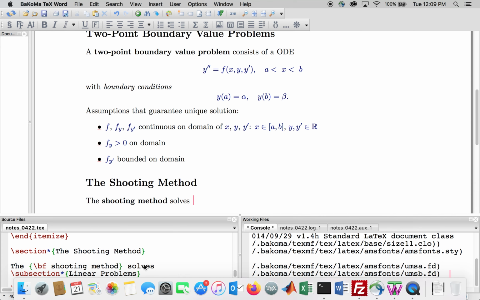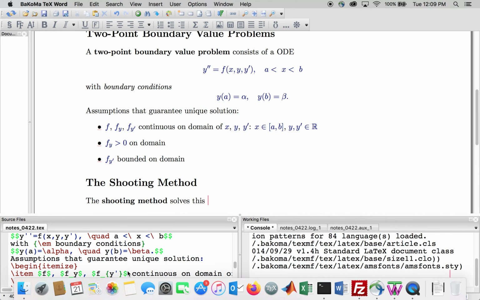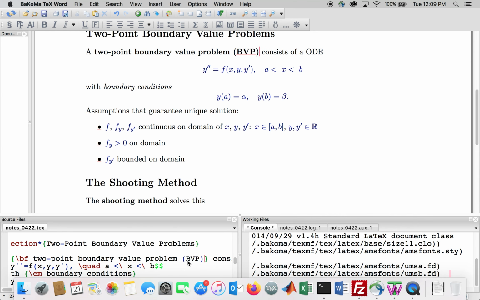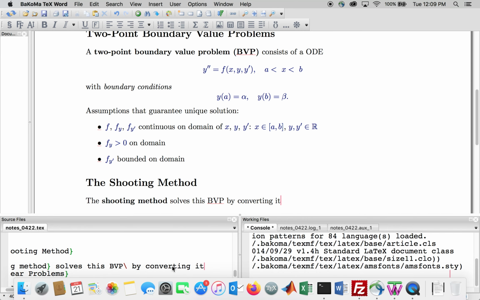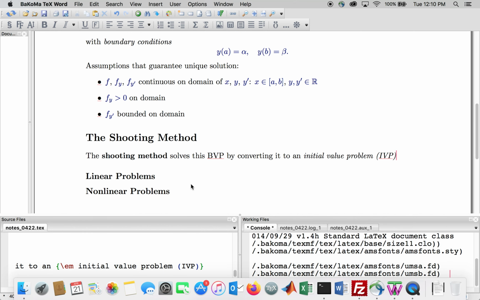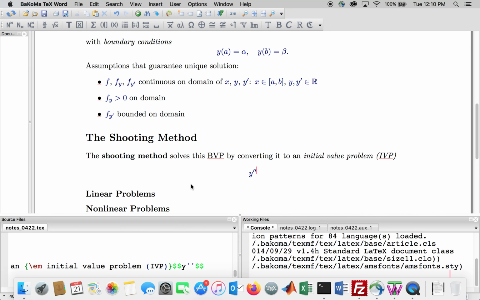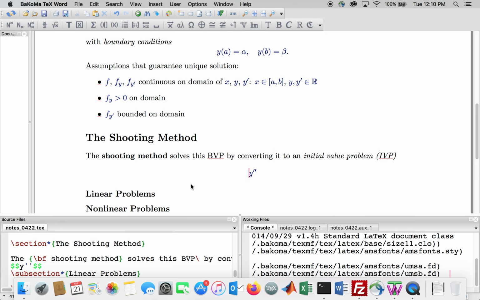The shooting method solves this boundary value problem, abbreviated BVP as opposed to IVP for initial value problem, by converting it to an initial value problem, or IVP, where the ODE is the same, f of x, y, y prime, and the first boundary condition at x equals a is the same.